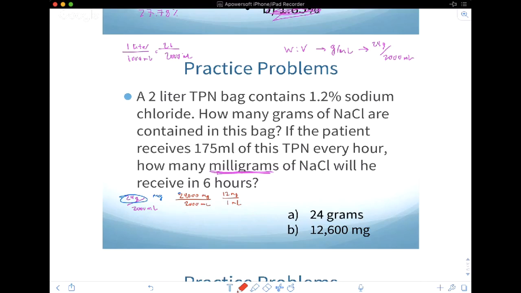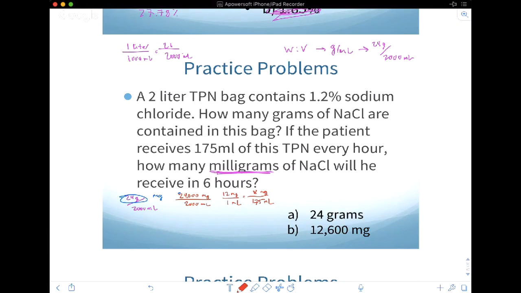If the patient receives 175 milliliters every hour, how many milligrams will he receive in 6 hours? So if they receive 175 milliliters, we want to know how many milligrams that is. So 12 times the 175 divided by the 1.